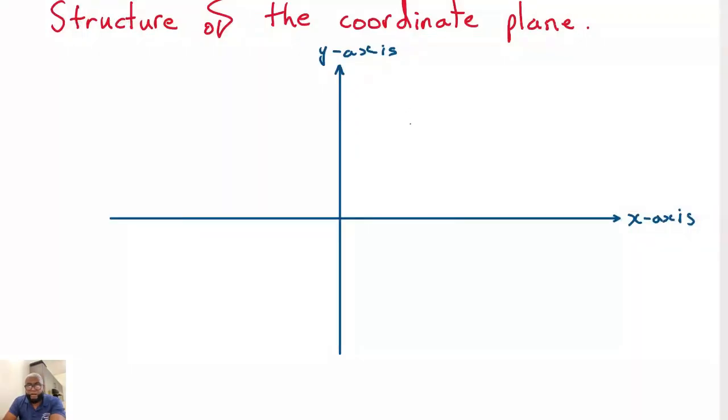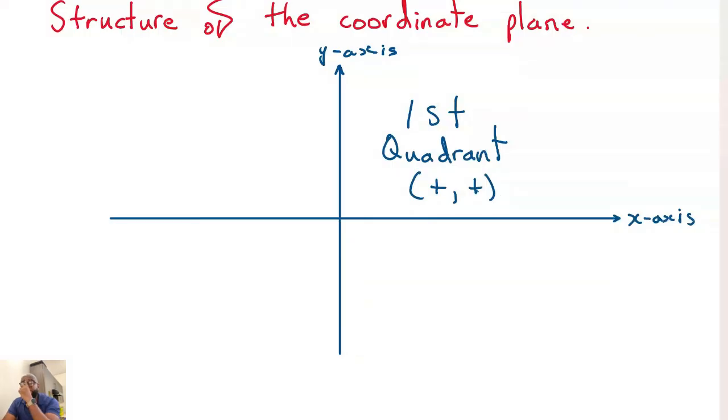Right, so this area up here is your first quadrant. All the coordinates in this quadrant would be a positive x-axis value and a positive y-axis value. Here would be your first quadrant.